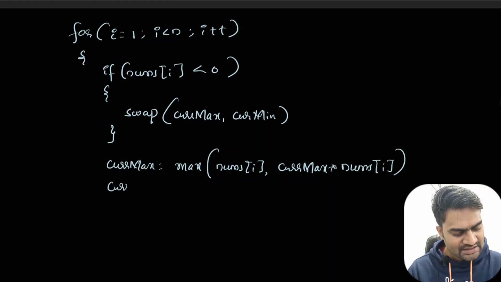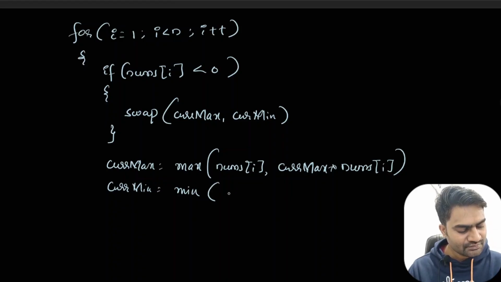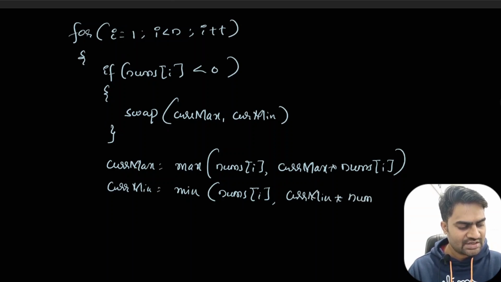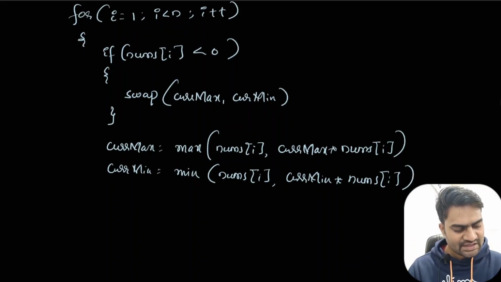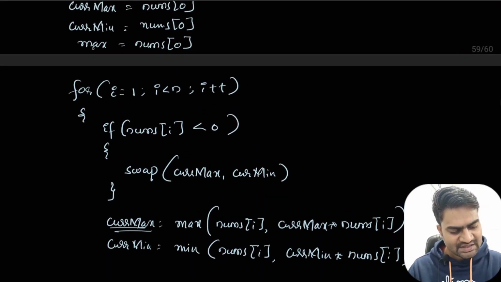Then current min equals the min of nums of I comma current min into nums of I. Then finally, using this value, I will update my max value.